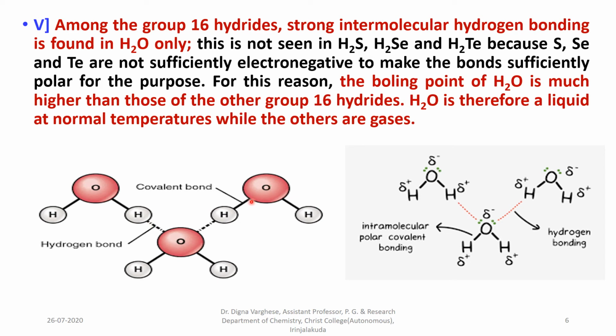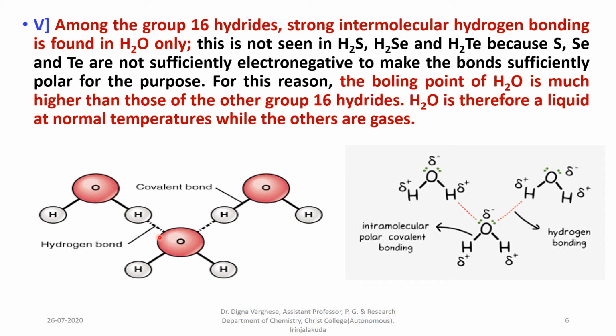But the bond within a molecule is a pure intramolecular polar covalent bond, while one water molecule and another water molecule are connected through hydrogen bond, between the hydrogen of one water molecule and the oxygen of the other water molecule. That forms intermolecular hydrogen bonding.